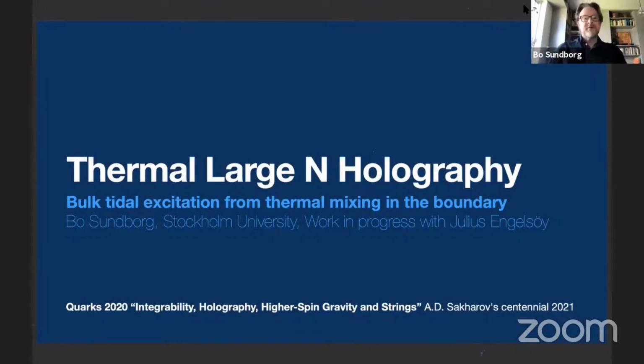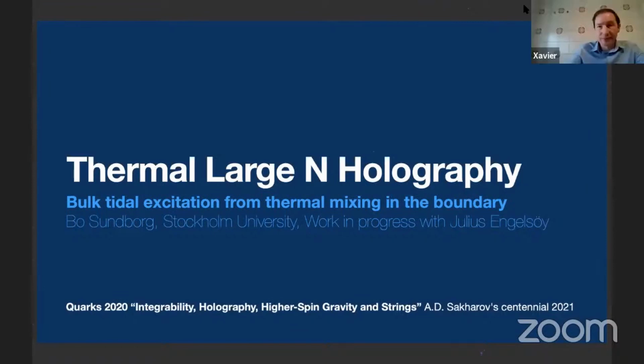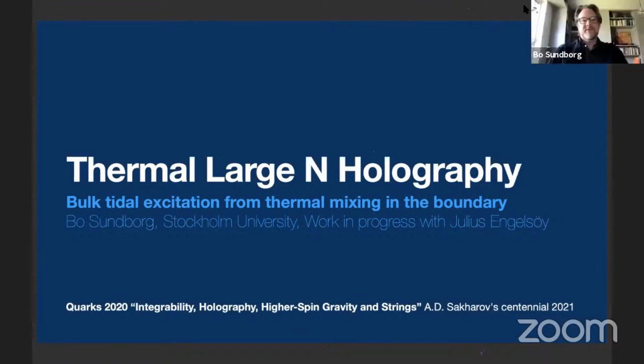I'm very grateful to the organizers of this nice workshop for giving me the opportunity to talk about thermal large-N holography, which is my favorite topic.